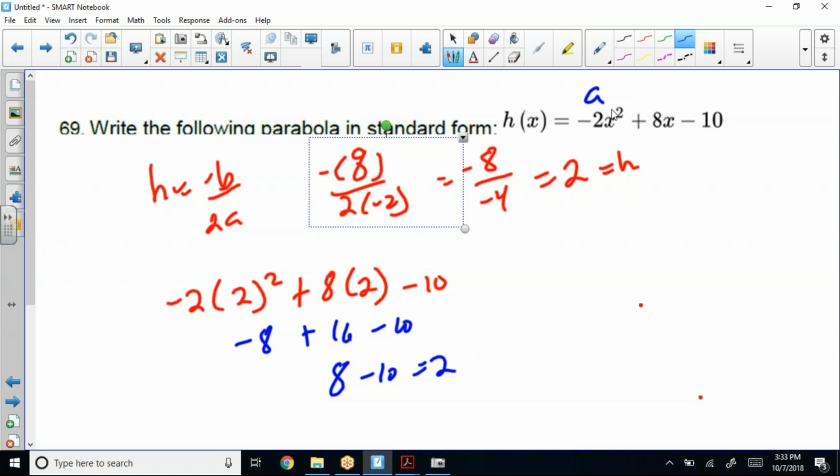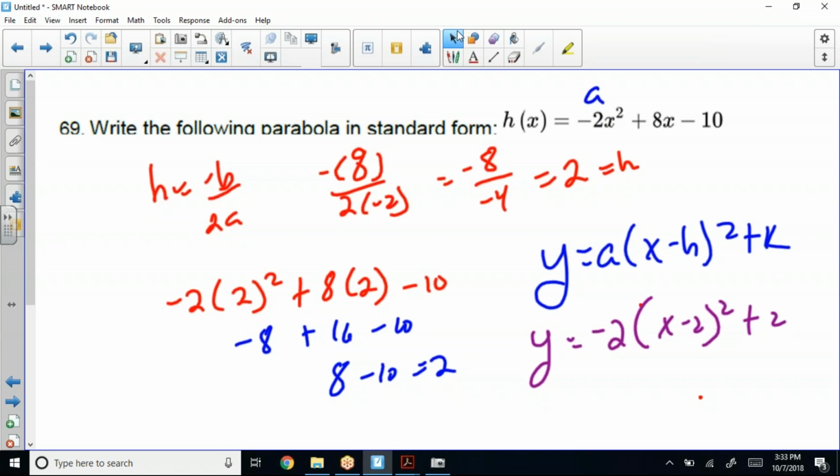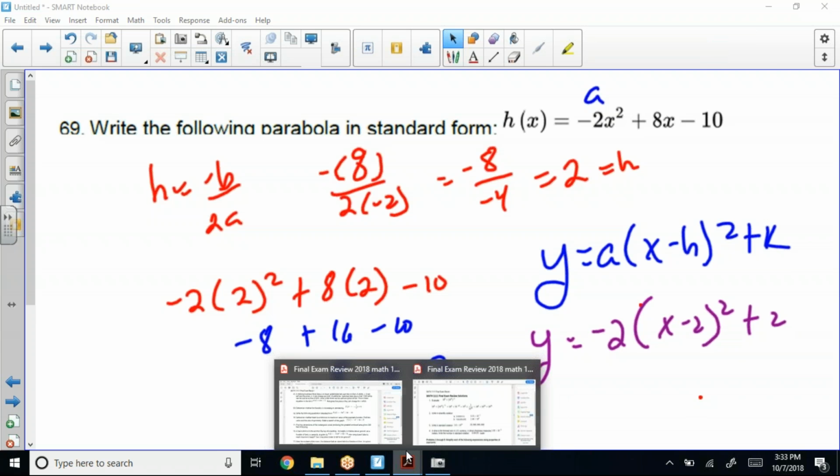Now, this is the k. So we're putting it in that form, right? So y equals negative 2 times (x minus 2) squared plus 2. Let's see what they got on the final exam answer for that.